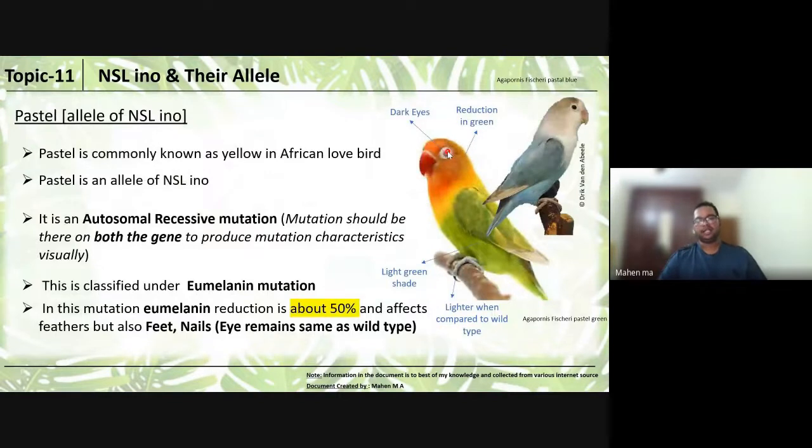So that is why it is not a very vibrant green as you can see in the normal fisher. You can see a slight reduction, a lighter shade, when you compare to the normal wild type. However, the eyes in this case will remain the same. These two are representations of a pastel green bird and a pastel blue bird. So it is kind of a dull bird when compared to the wild type.